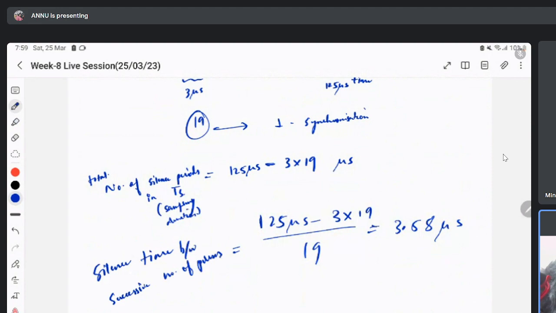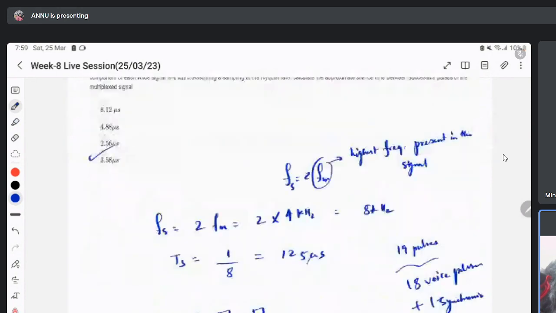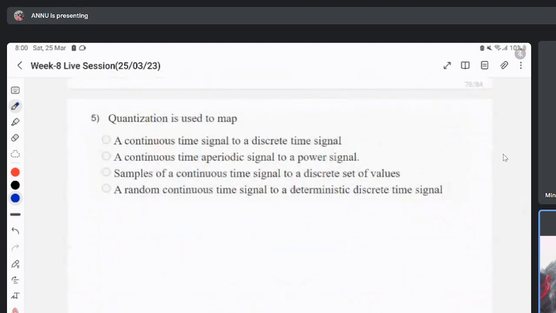Okay. So this is question number 4, and now quantization is used to map a continuous time signal to a discrete time signal, a continuous time aperiodic signal to a power signal, samples of a continuous time signal to a discrete set of values, and a random continuous time signal to a deterministic discrete time signal.